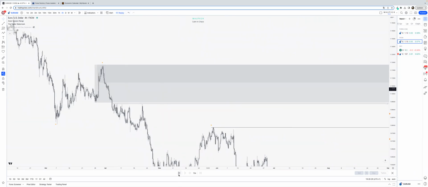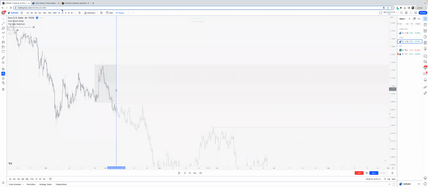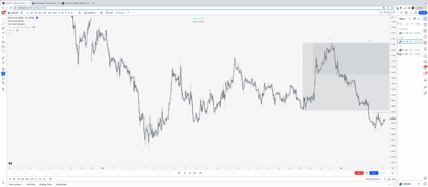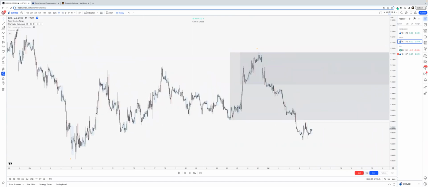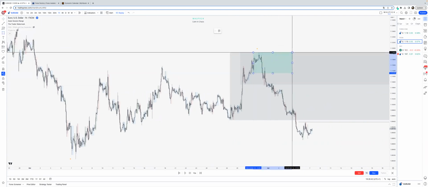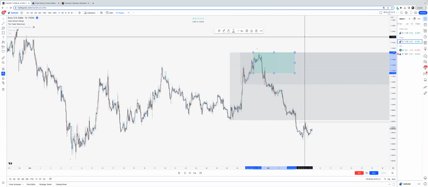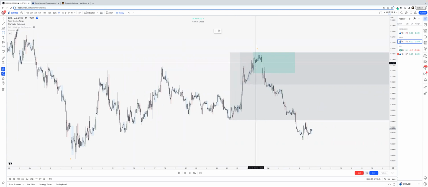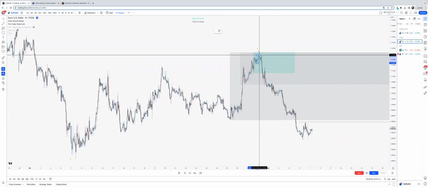We can maybe refine it a little bit more. Maybe something like that. Sweeping that liquidity. And we got another area from this low to this high.